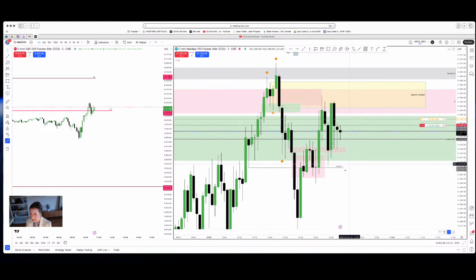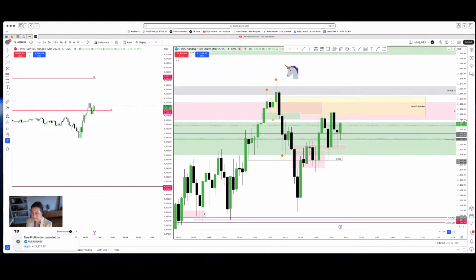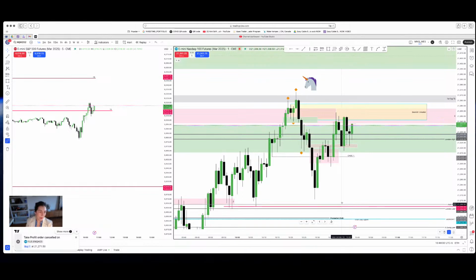It's high resistance liquidity, so anyway, this is just a dumb trade at 10:43 a.m. There are better trades to take, that's for sure. That's it. I'm done. This thing just doesn't want to drop right now.